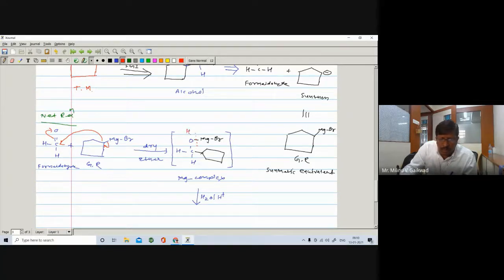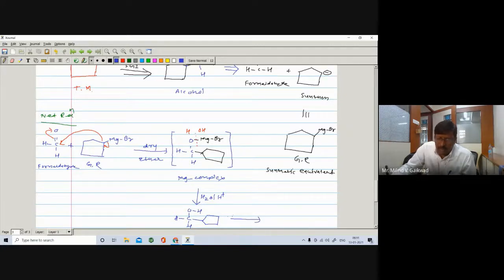So H from water and OH from this water, you add on this OMg, O negative, H positive, Mg positive, OH negative, and you can get the corresponding compound like this one. So here H, here is C, here is H, here is O, and here is your cyclic compound. And actually you want the target molecule.